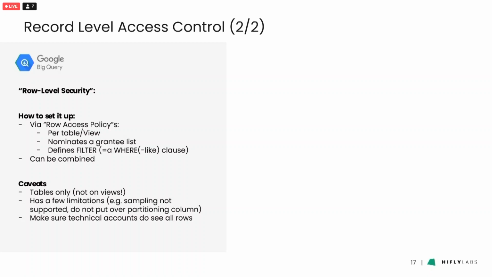And there are a few other technical caveats that I don't want to really go into, but they may be important in certain situations. And also, it has happened to me, that's why I list here. Make sure that your technical accounts, for example, the DBT account, sees all rows.